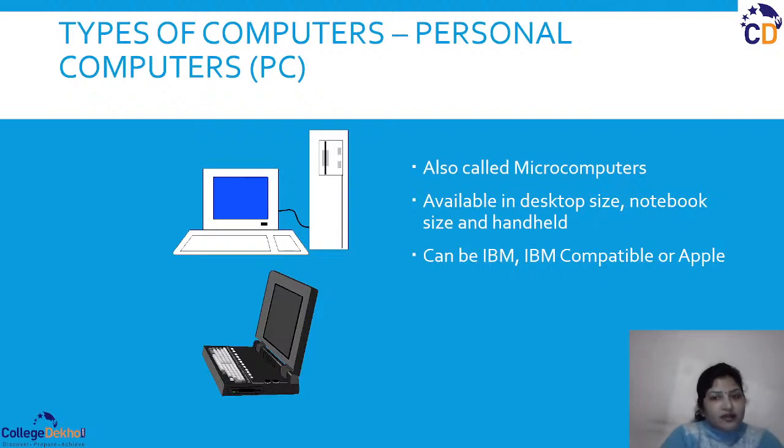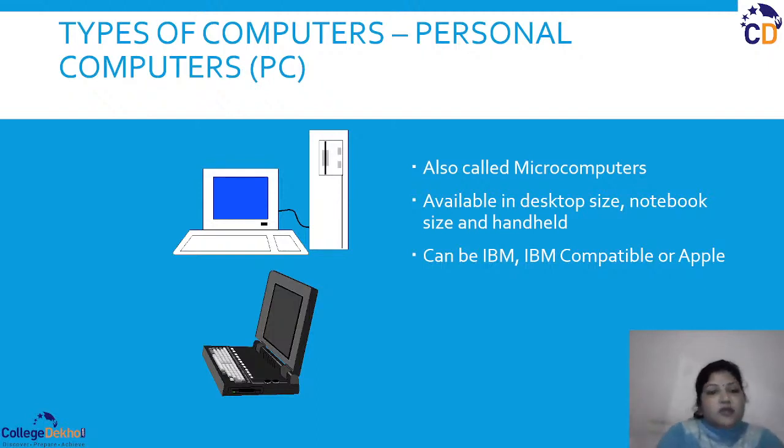Can be IBM, IBM compatible, HP, Apple, or any brand, right? Suppose I am going to use a desktop at my home. What is the category of that? That is a PC only, my personal computer. That is not some organization computer where a number of machines are required, where a large amount of memory is required. No.